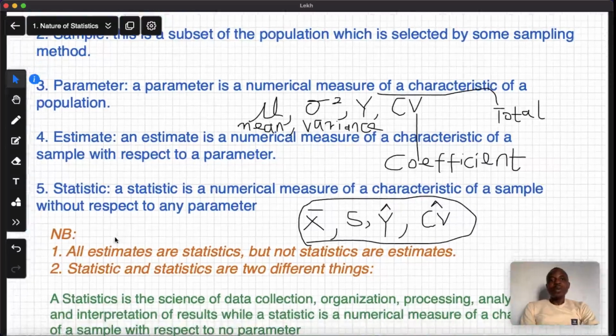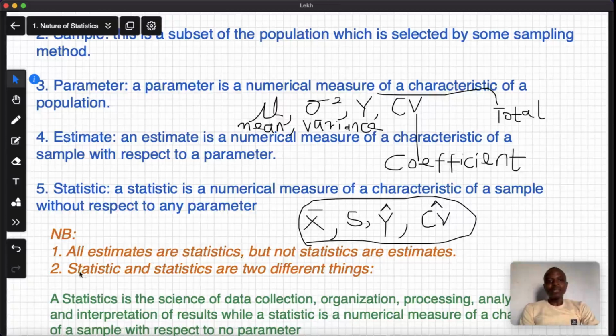So when you don't have in mind that you are estimating a parameter, but you just get a sample and obtain maybe your X bar, S, and the others, then you don't have an estimate, you have just a statistic. The plural of it will be statistics. All estimates are statistics, but not all statistics are estimates.